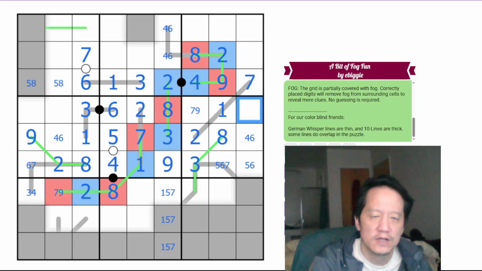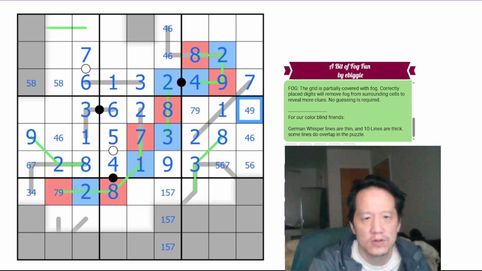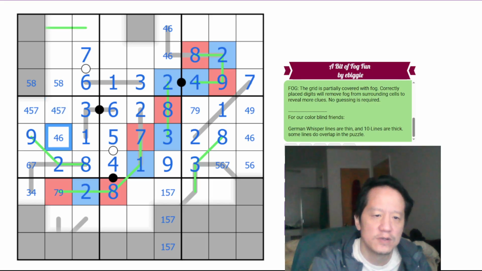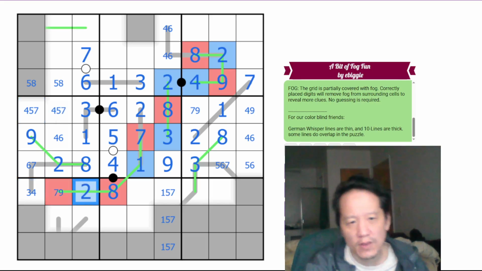This is 7 or 9. No 6 is possible, but it can't be 7 either. So this is 4 or 9 here. And the remaining digits in row 4 have to be 4, 5, 7, 9. But 9 can't be here. So this is 4, 5, 7. Those are the possibilities.